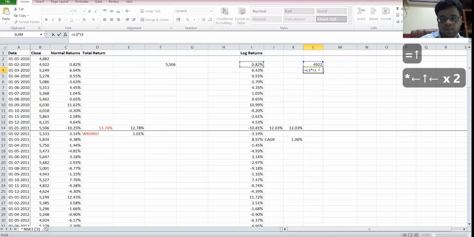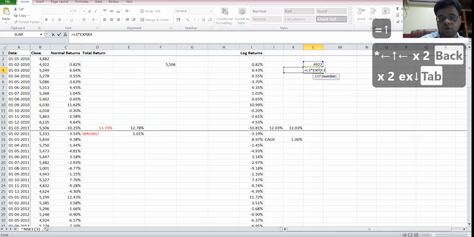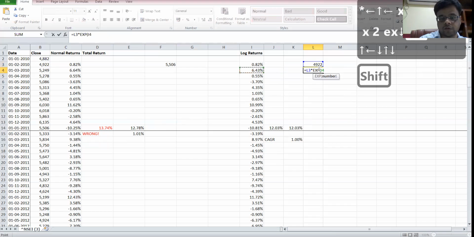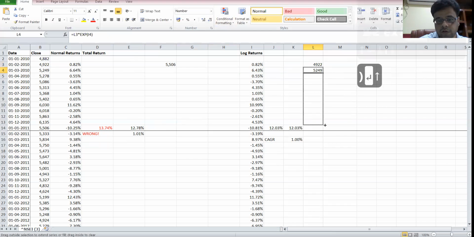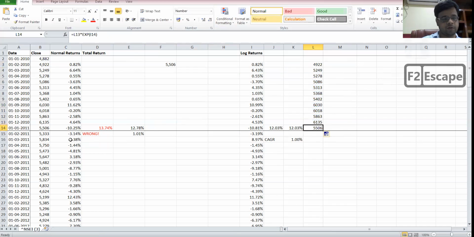Multiplied by the exponential of this return, and you'll get a final value which is exactly the same here, 5506, 5506. But this is a little less intuitive.